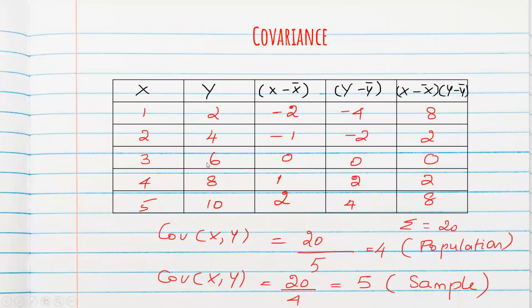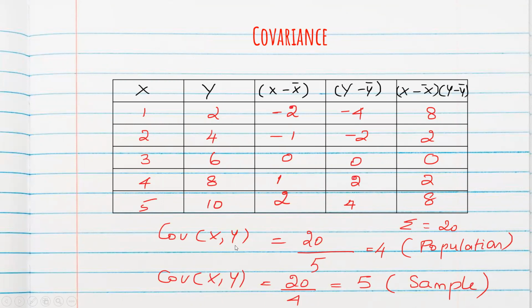So y bar is 6. 2 minus 6 is minus 4, 4 minus 6 is minus 2, 6 minus 6 is 0. So this is how it proceeds. Now x minus x bar into y minus y bar. Multiply this, we get 8, this, 2, and so on. When you add everything, we get 20.